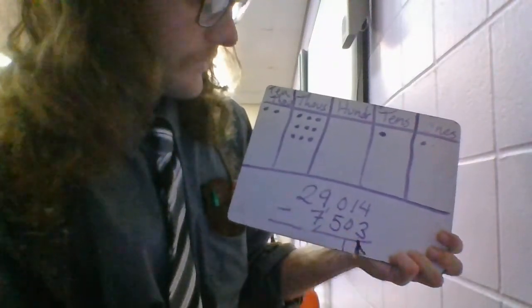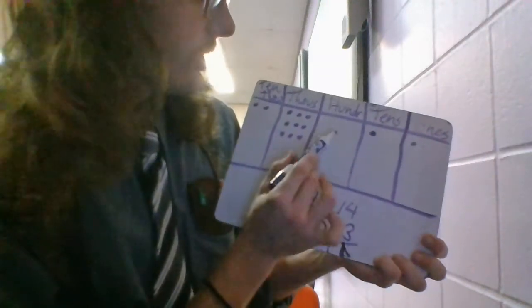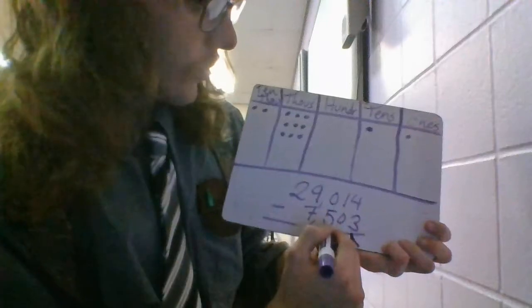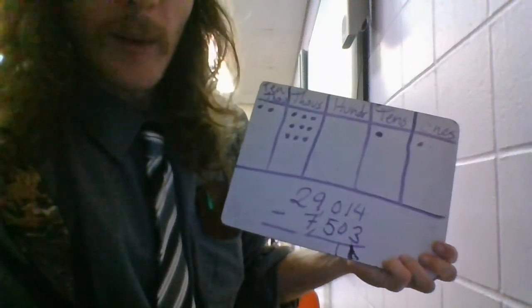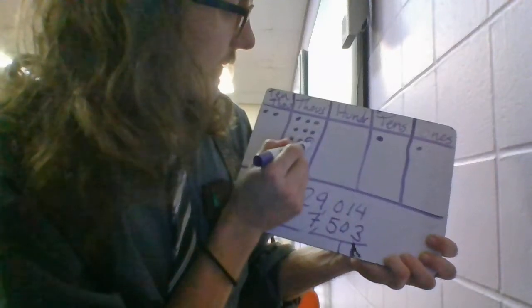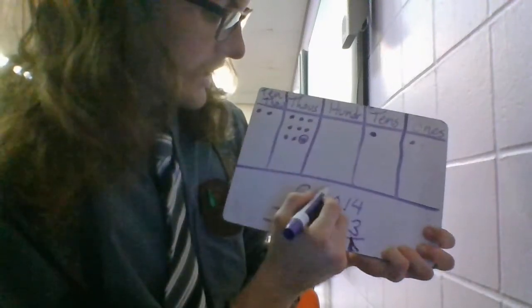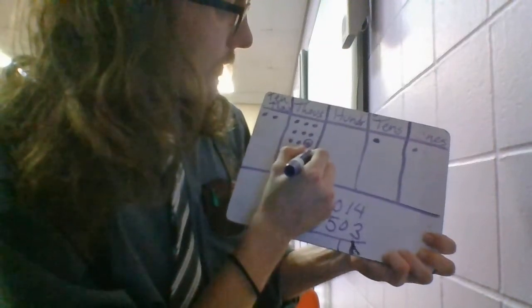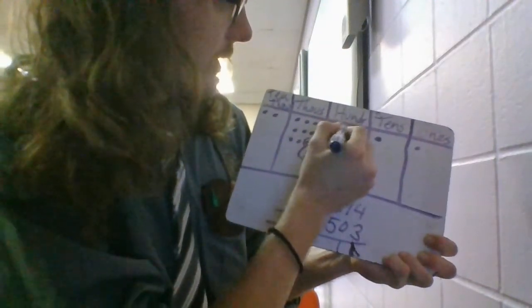We're left with 1. Now we don't have any hundreds, but we need to take 5 of them away. So we're going to come over here. We're going to take this thousands piece and we're going to break it into 10 hundred pieces.